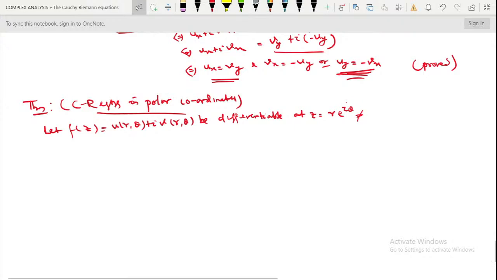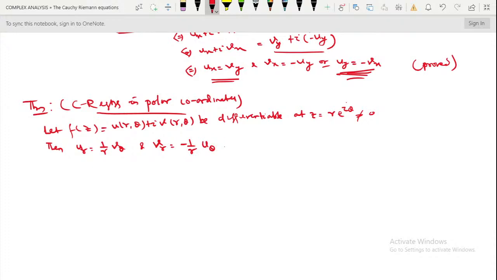When f(z) is differentiable at z, we have to show that u_r = (1/r) v_θ and v_r = minus (1/r) u_θ.